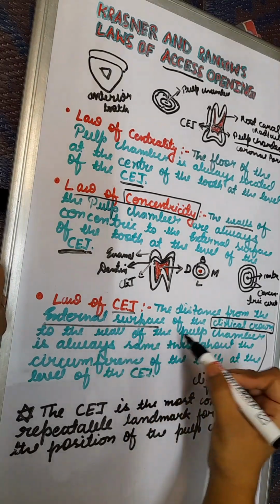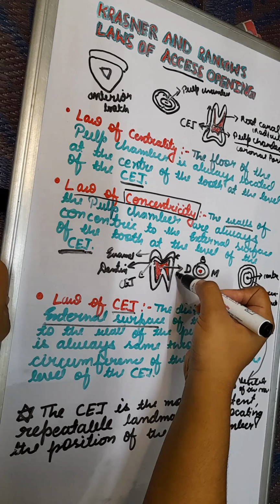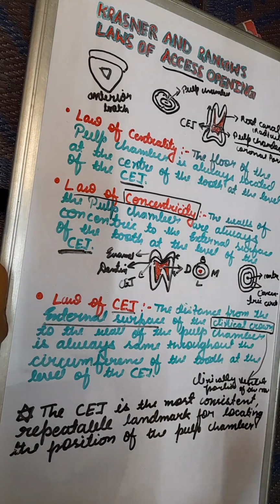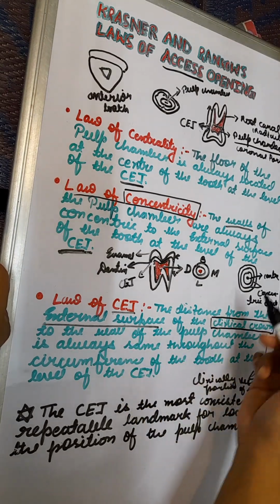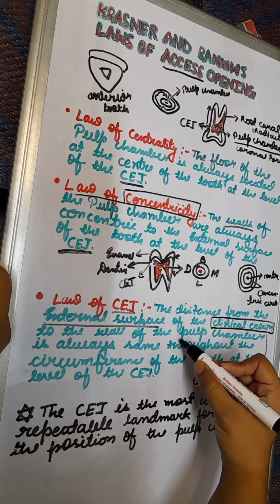The distance from the external surface, which could be enamel or dentine, or cementum when we talk about the radicular portion of the tooth, to the wall of the pulp chamber.